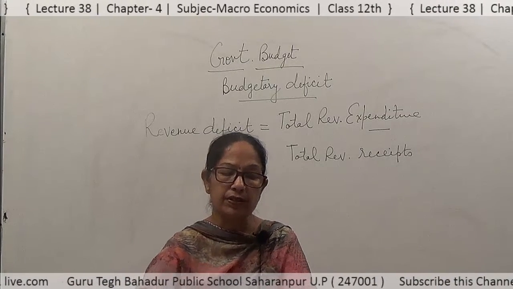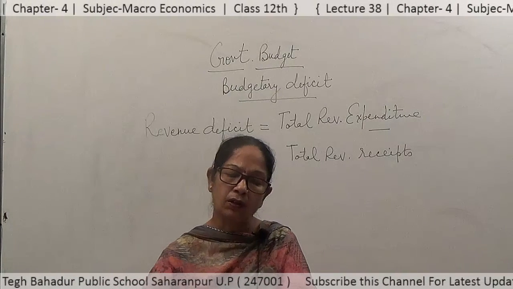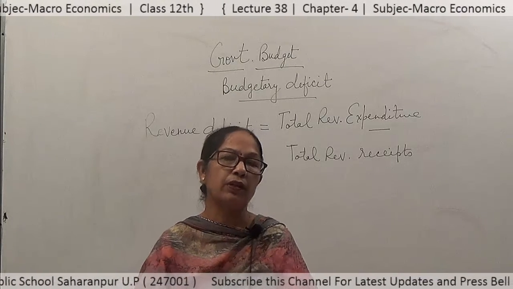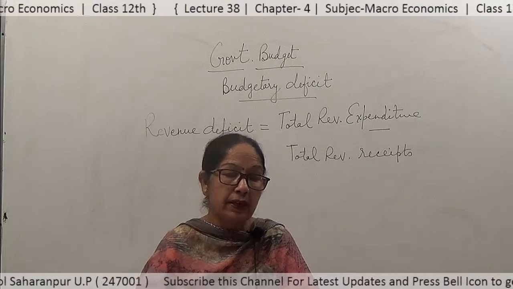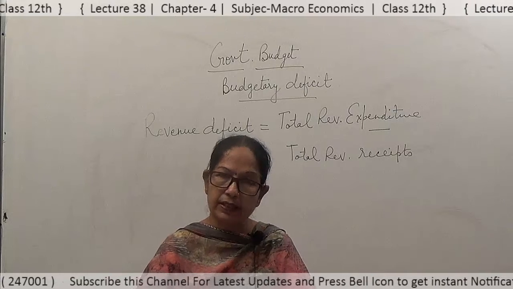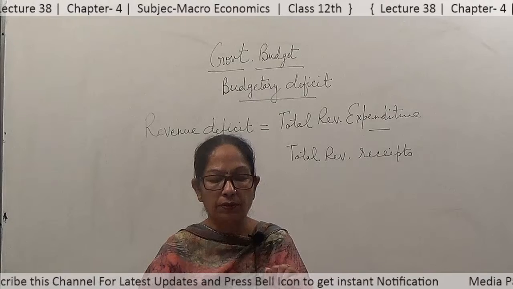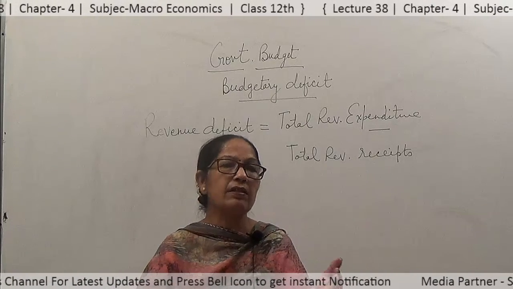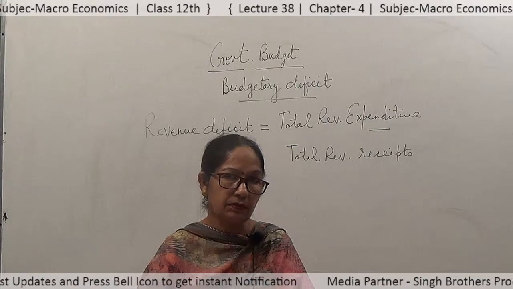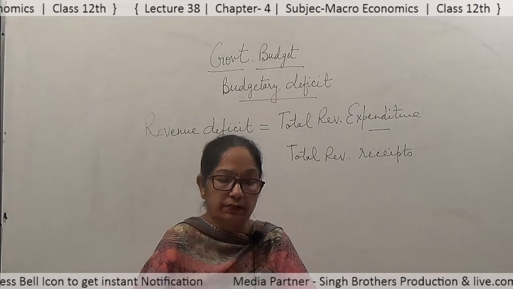A high revenue deficit wants the government either to curtail its expenditure or increase its taxes and other sources of revenue like non-tax receipts. Main remedies are: government should raise rate of taxes, especially on rich people, and levy new taxes on such things which are harmful for people, like drugs or liquor.